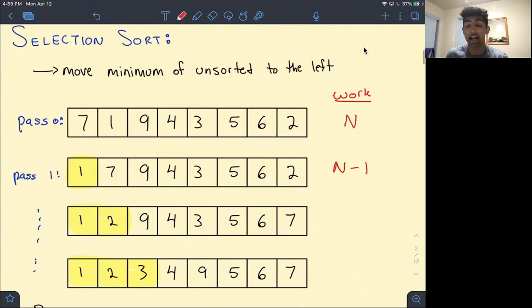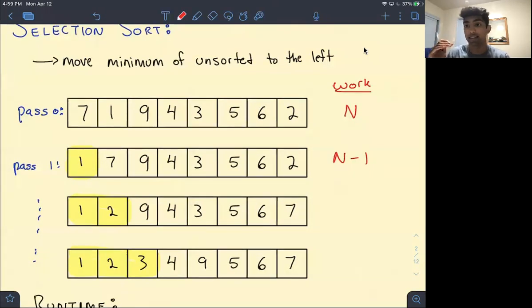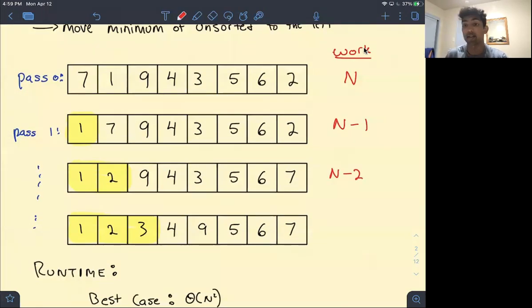And what we can notice is that every time we go down one pass, we're doing one less step of work, because every time we go down a pass, we have successfully figured out where one more person goes than the pass before. So let's try to figure out the total amount of work this function is doing.